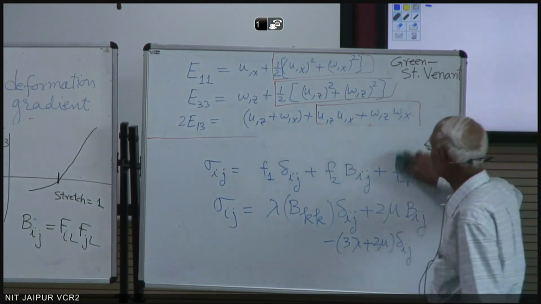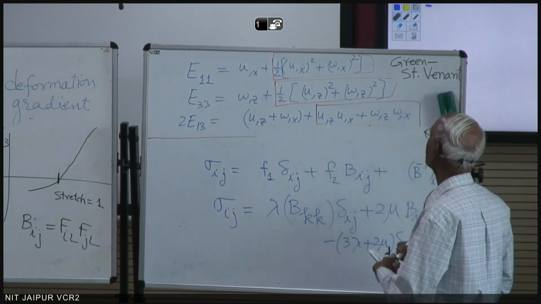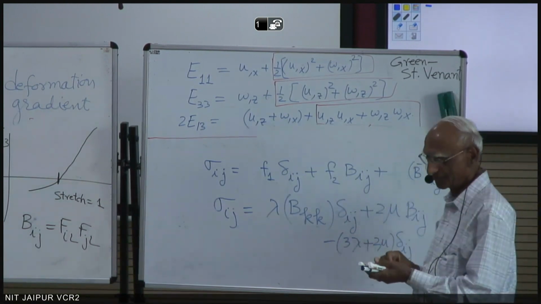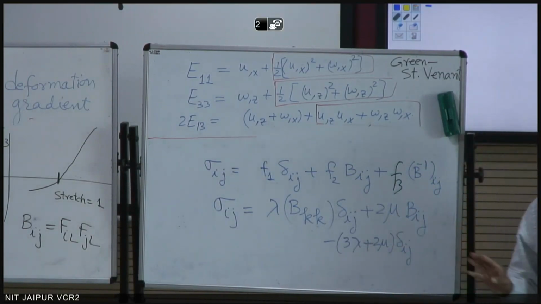Constants F1, F2, F3. In the most general case, they are not constants, but then you will keep asking me how they depend upon these invariants, and I don't know the answer.